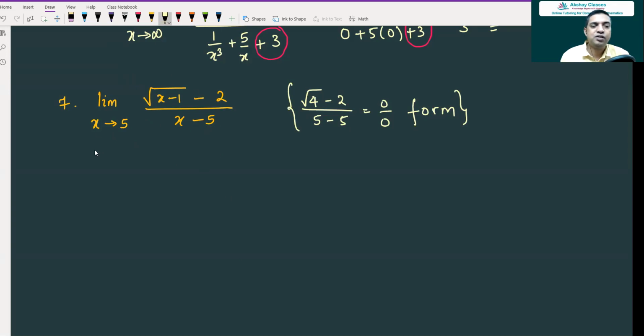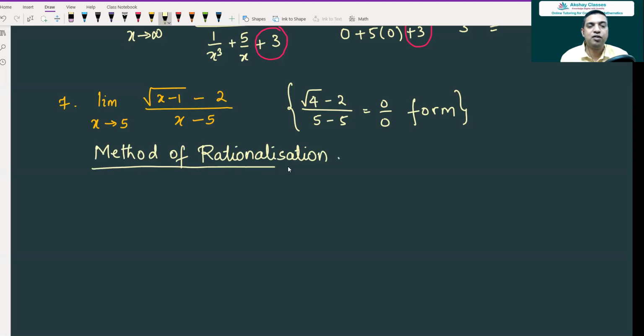So we use the method of rationalization. One was method of factorization. You factor out the factors which are going to 0 and you cancel. The method of rationalization, what we do is we rationalize the numerator.